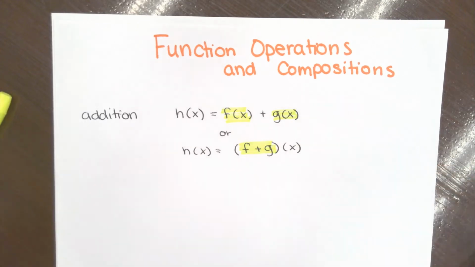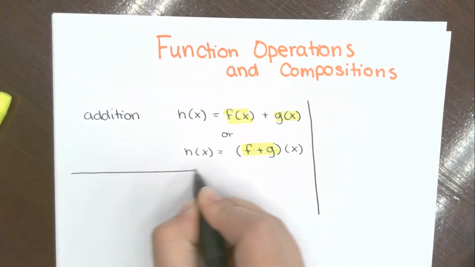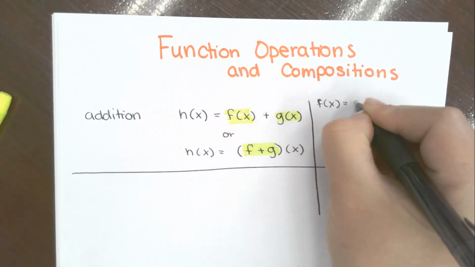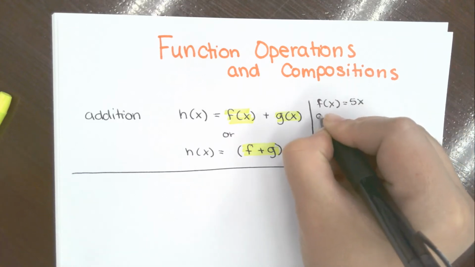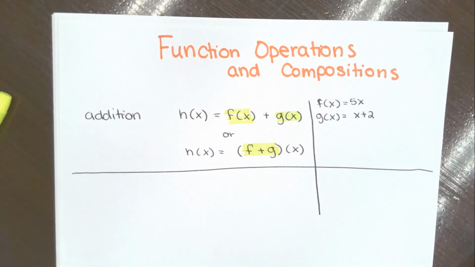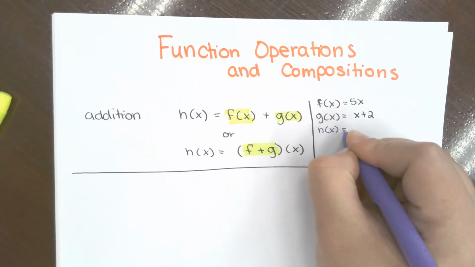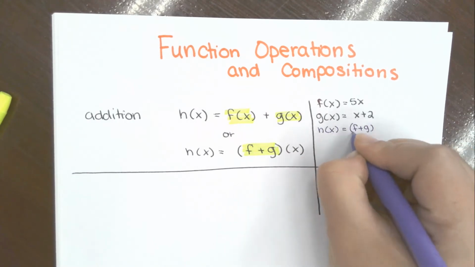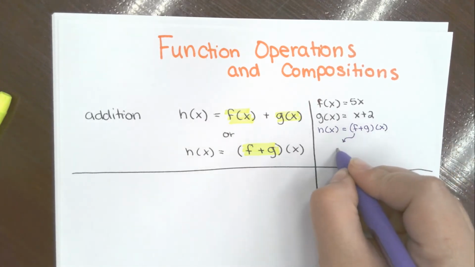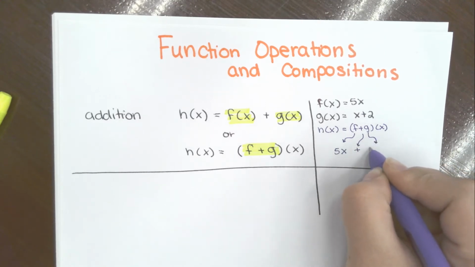For example, let's go ahead and do that example. If you have f of x equal to 5x, and g of x equal to x plus 2, and they ask you for h of x, which is f plus g of x, all you do is take your f, which is 5x, and add that to your g, which is x plus 2.